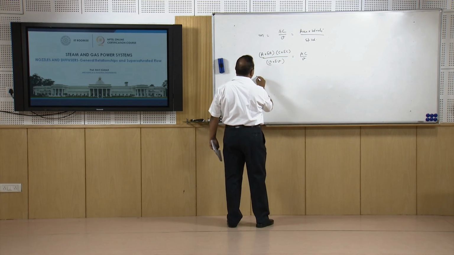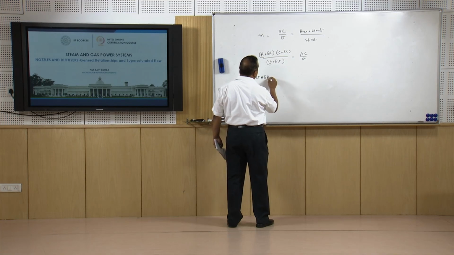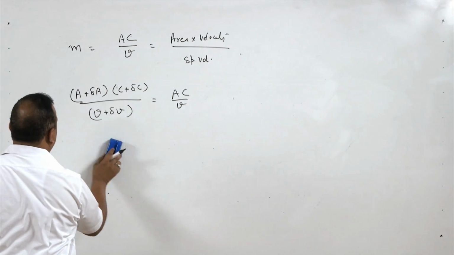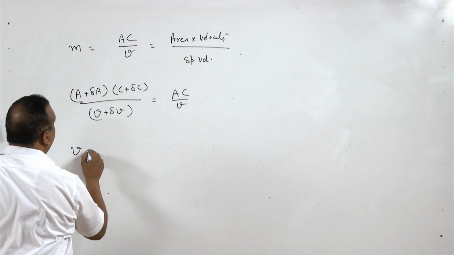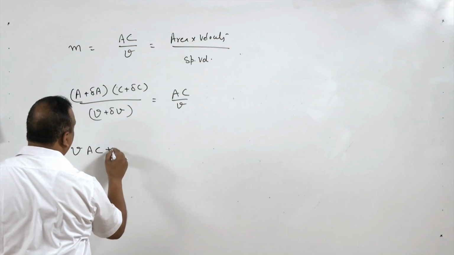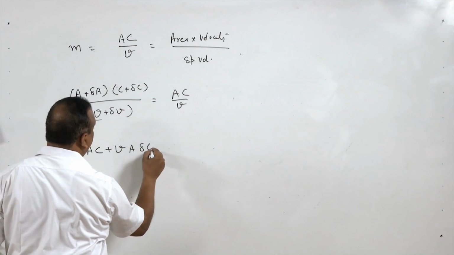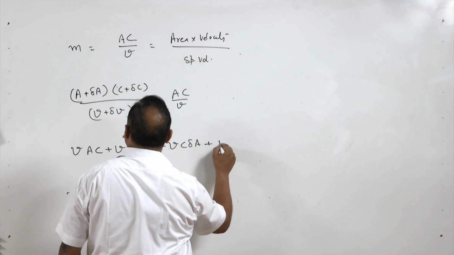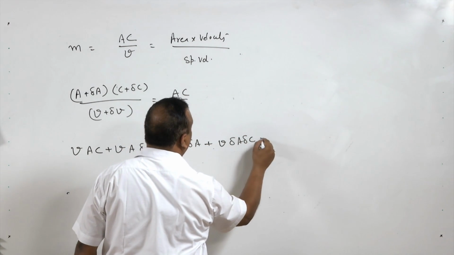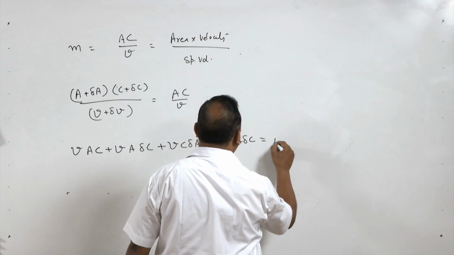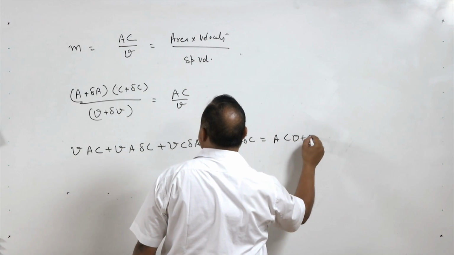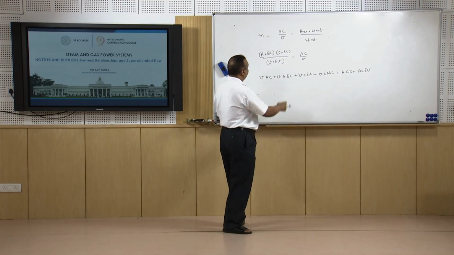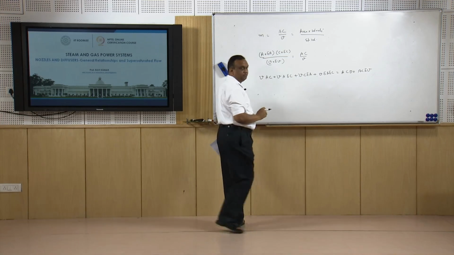Now we can write V A del A plus V A C plus V A del C plus V C del A plus V del A del C is equal to ACV plus AC del V, right? You just simply multiply this with this and this with this one.